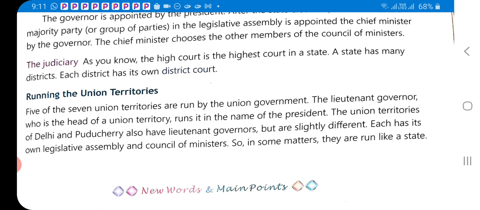The union territories of Delhi and Puducherry also have lieutenant governors but are slightly different. Each has its own legislative assembly and council of ministers. So, in some matters, they are run like a state.